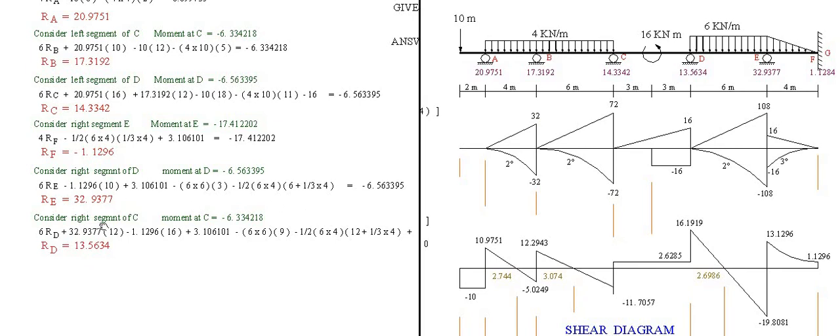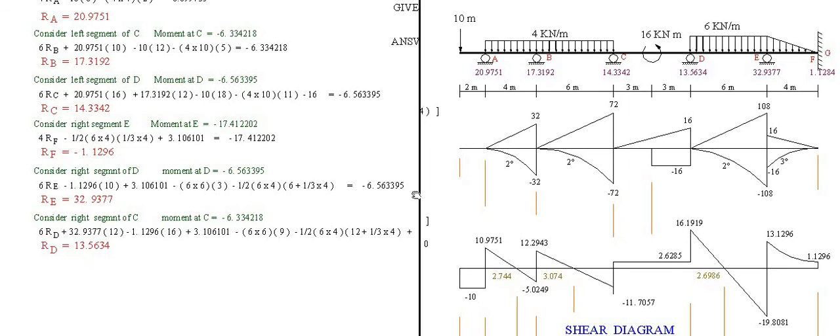RA is equal to positive 32.9377. So we have now solved RA and RF. We have only one unknown, RB, left.